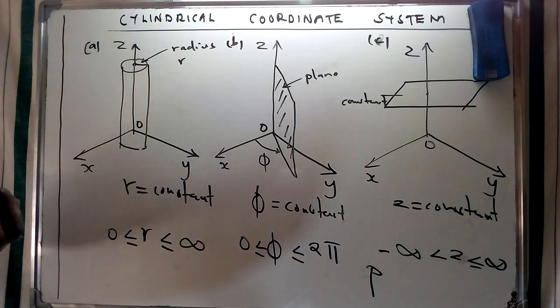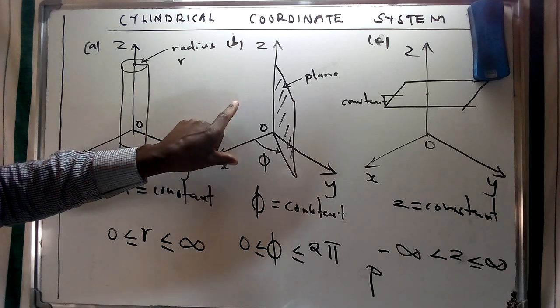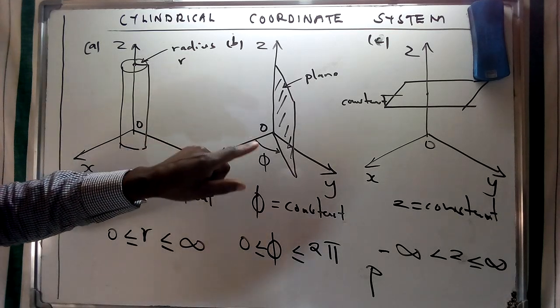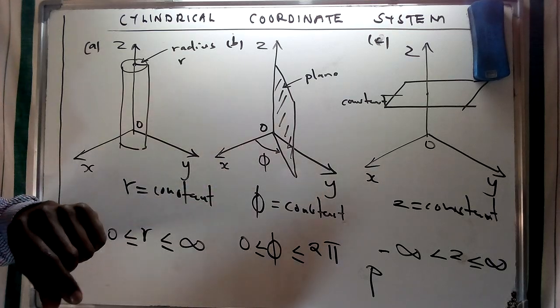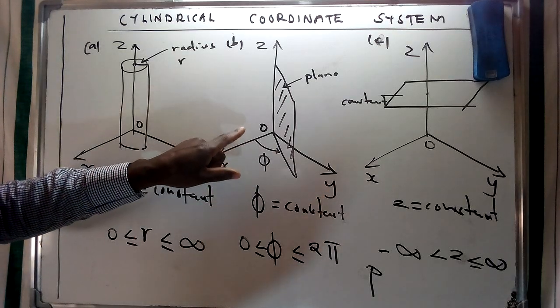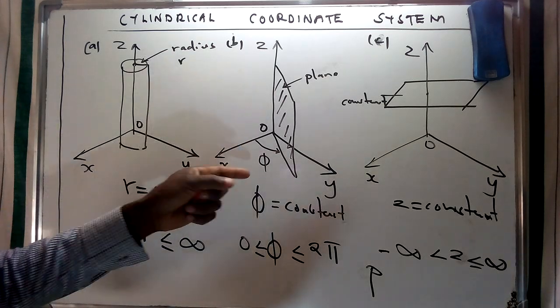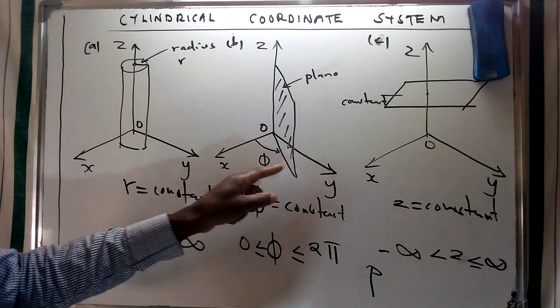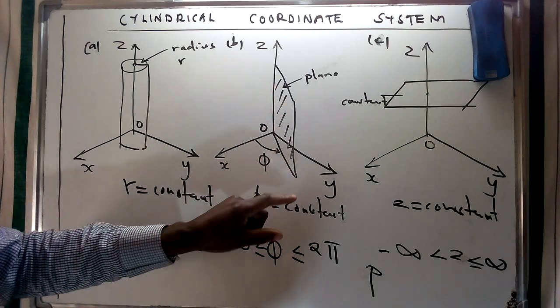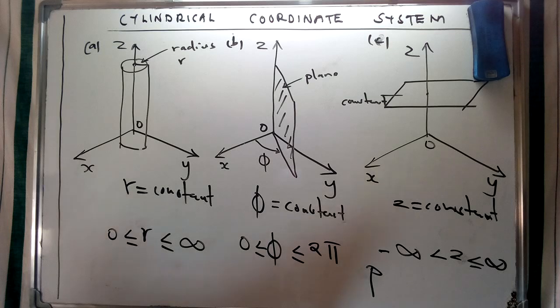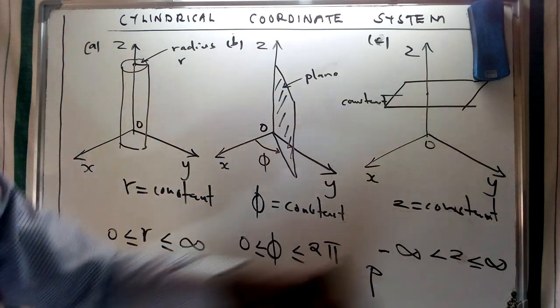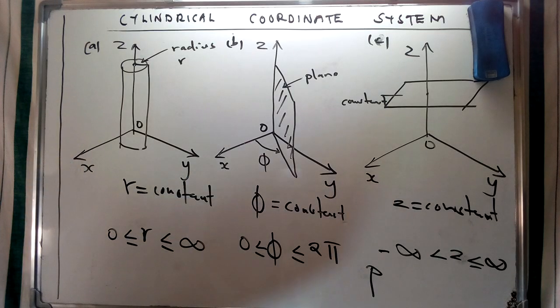And then secondly, we have a half plane, which is perpendicular to the xy plane, but parallel to the z axis as I've mentioned. And this particular plane for zx forms an angle phi with this half plane. And then lastly, we have the z plane, which is a constant and parallel to the xy plane as I've illustrated on the board.